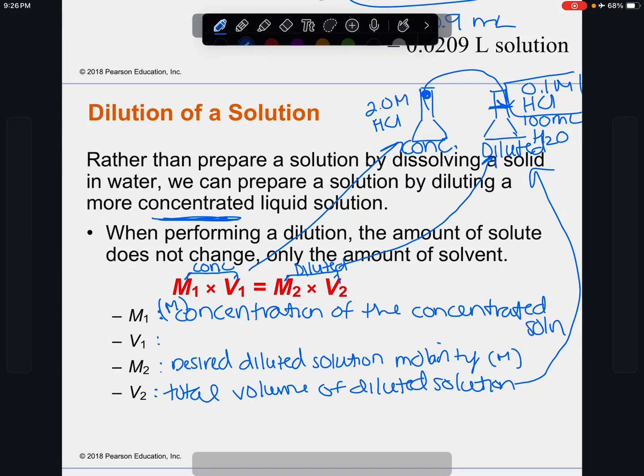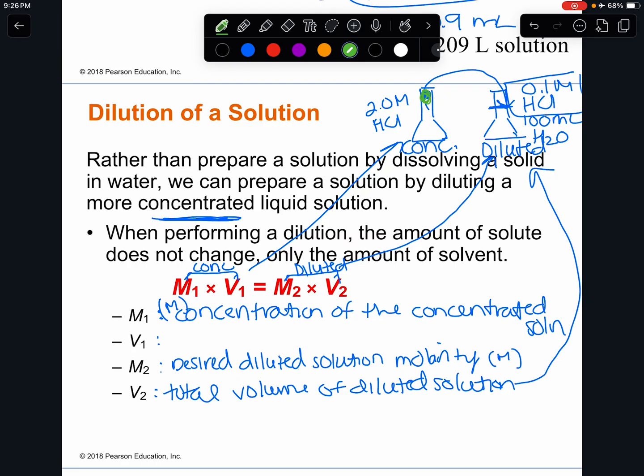Now, what I wanted to come back and talk about is V1. V1 is basically how much you would be pulling out of the first, concentrated solution and putting into the second. So it is not the total volume, okay? It is how much you take out of the concentrated solution.